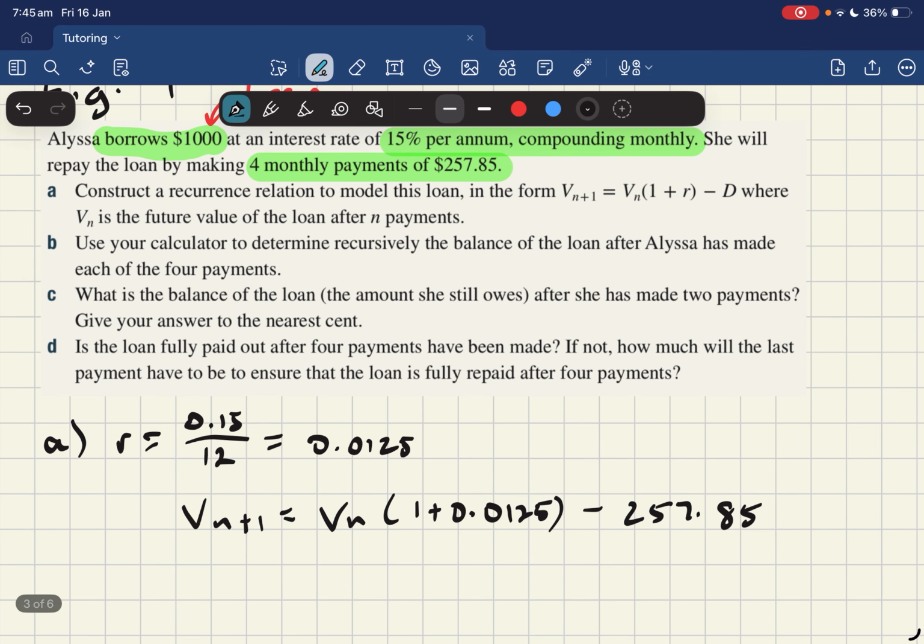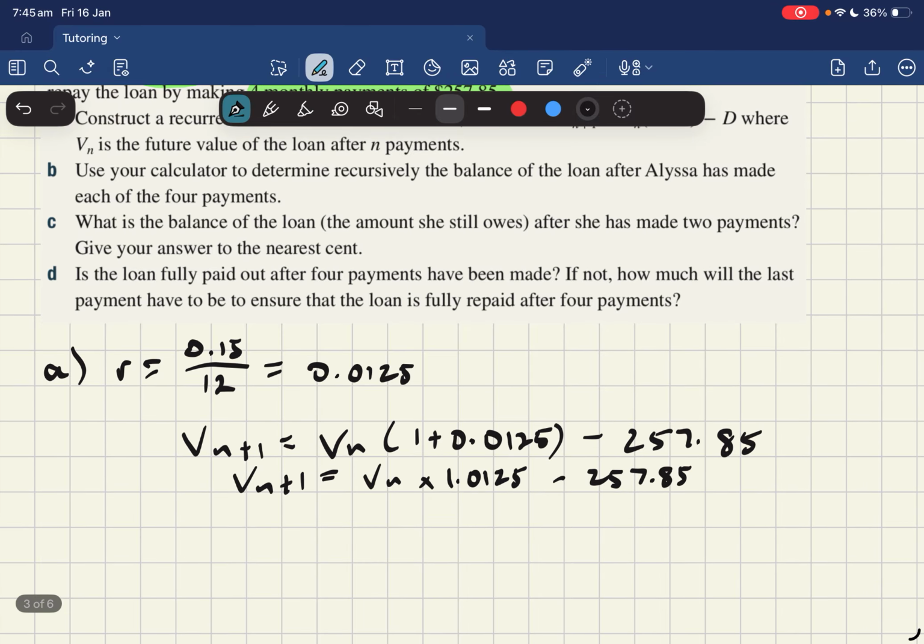So just to clean this up a little bit, our recurrence relation, we can write this as V of n plus 1 equals Vn times 1.0125 minus 257.85. That's our part A. So we are just setting up our recurrence relation.